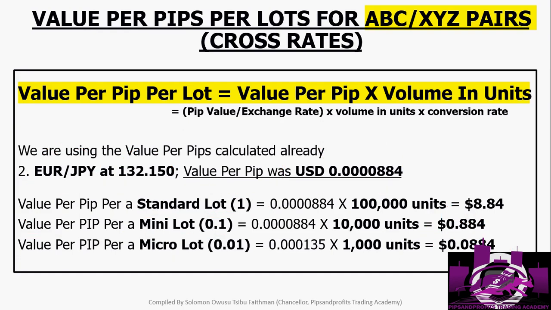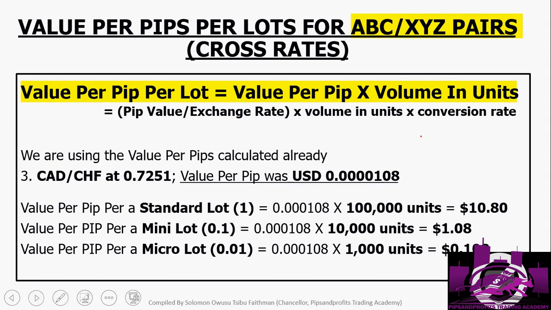All right, let's take the next example. The next example that we did was the CAD CHF. We did the calculation for CAD CHF at this particular price point, and then we had our value per pip as this.